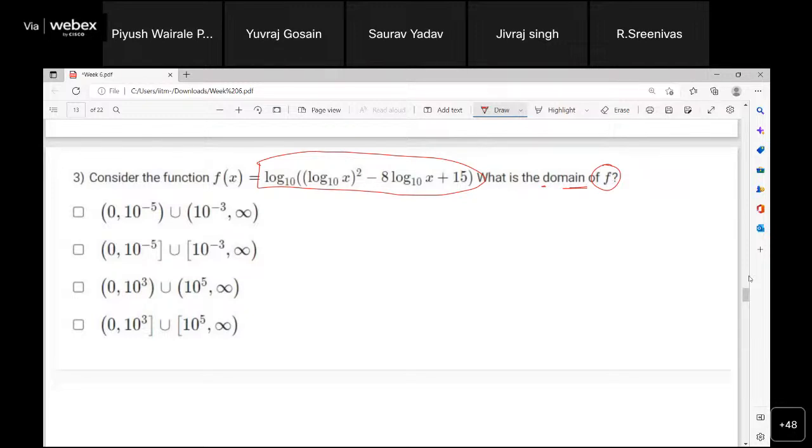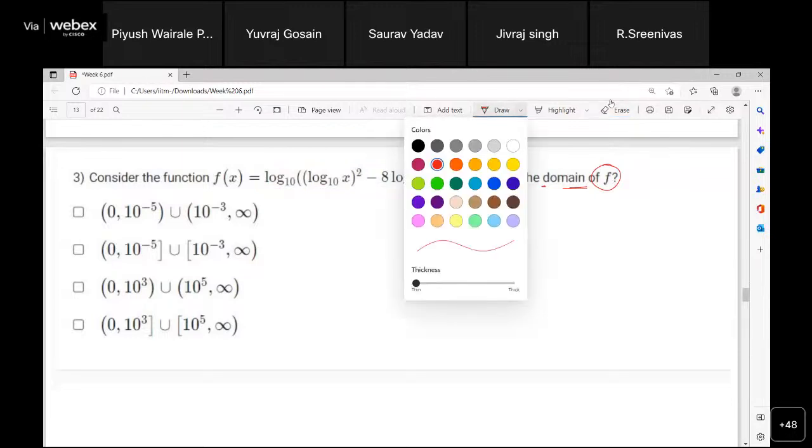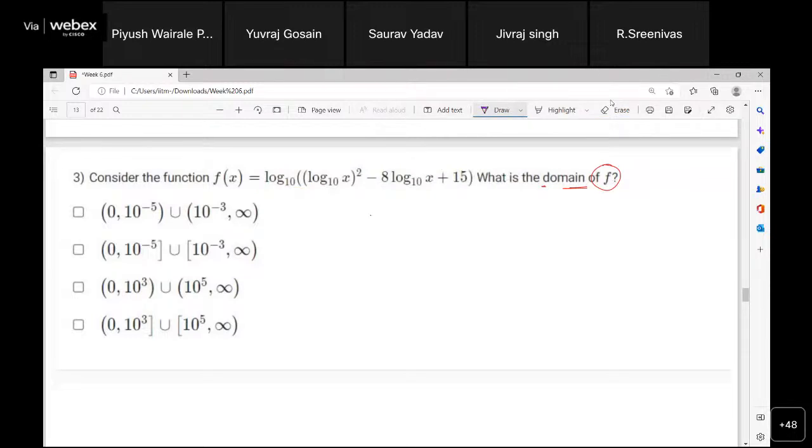Log x to the base 10 can be taken as t. Then we can apply the constraint of a domain that it should be greater than 0, and we can find the domain for that particular quadratic expression, and then we can compare with log 10.